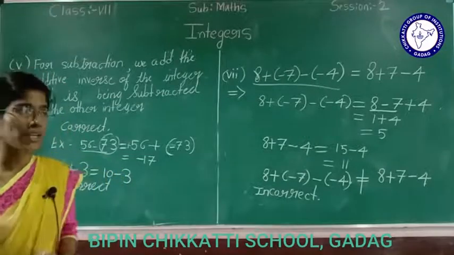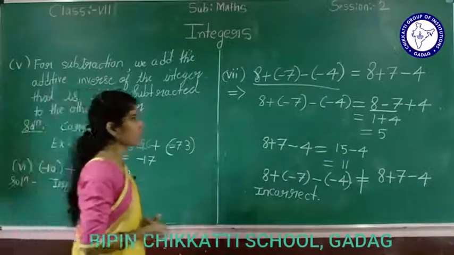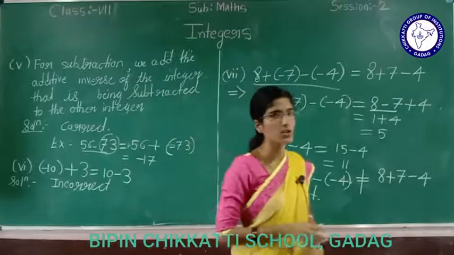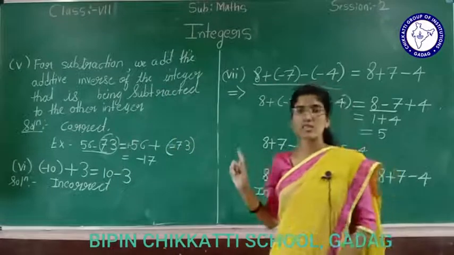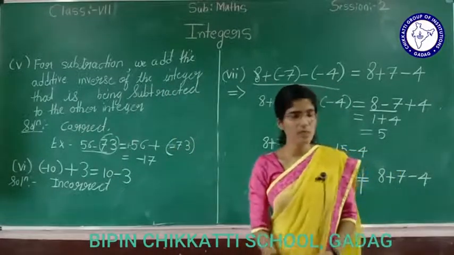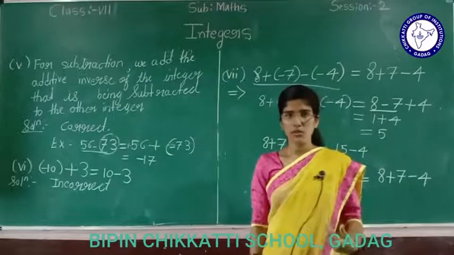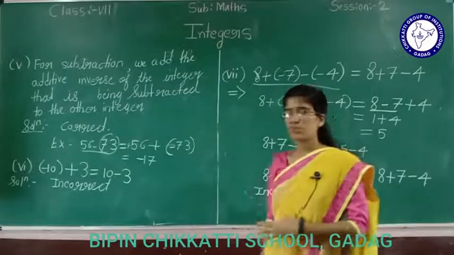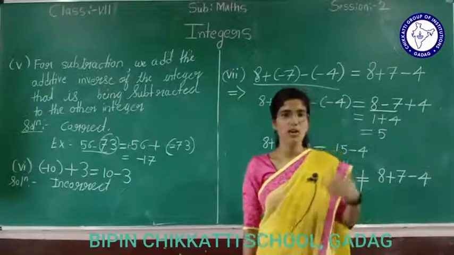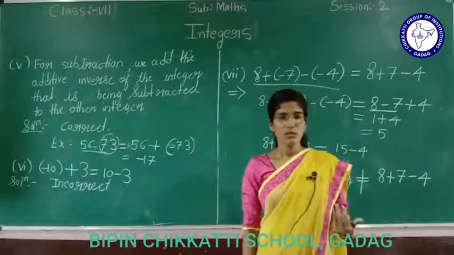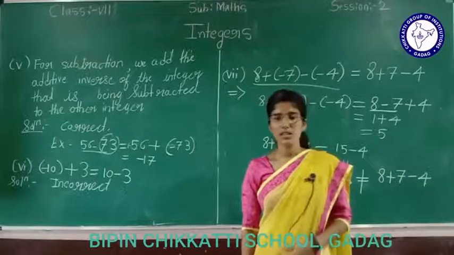Based on this, in the next class we are going to solve exercise 1.1. When we solve the exercise, we need all of this: how to add, how to subtract. You be perfect and come to the next class.